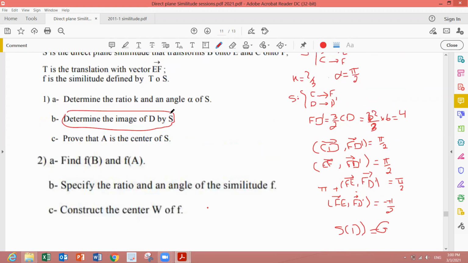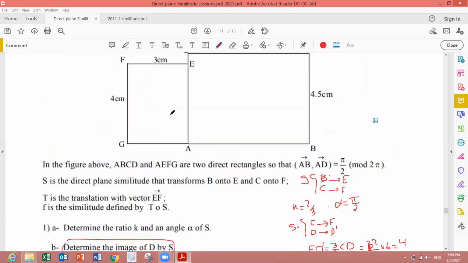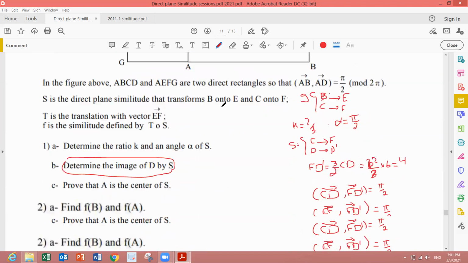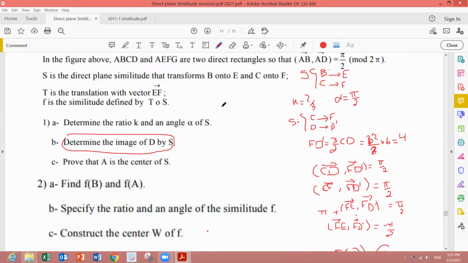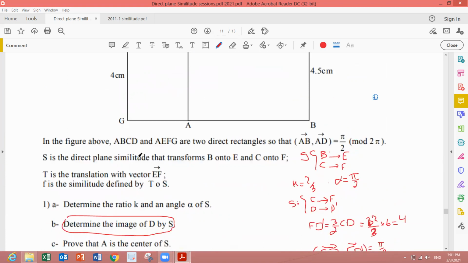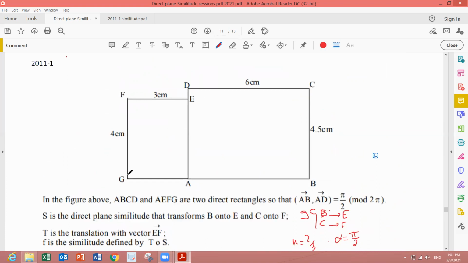How to show that A is the center? We put A onto A and B onto E, and we solve. That means AE equals K AB. What did we find here? The image of D equals G.